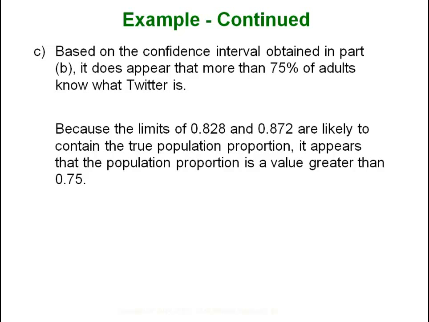Our interval goes from 82.8% up to 87.2%. So we're 95% confident that the true proportion P is somewhere in between those two numbers. So we're 95% confident that more than 75% know what Twitter is, because these numbers are all greater than 75%.